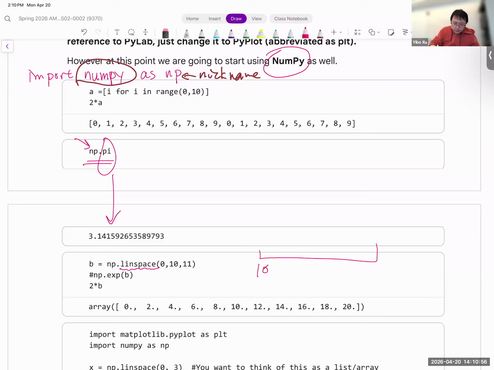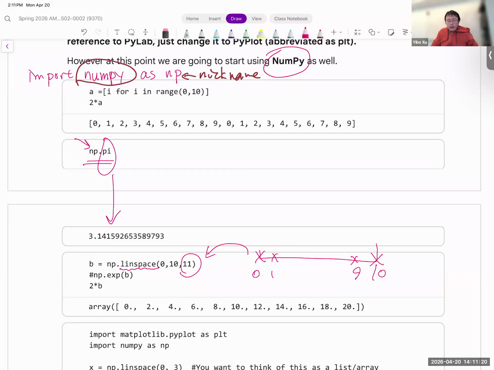From 0 to 10, if you would want to include the endpoints 0 and 10, and also all the integral points in between, it's going to be 0, 1, all the way up to 10. So it's actually a total of 11 points. You need to be careful here. That's where the 11 comes in.